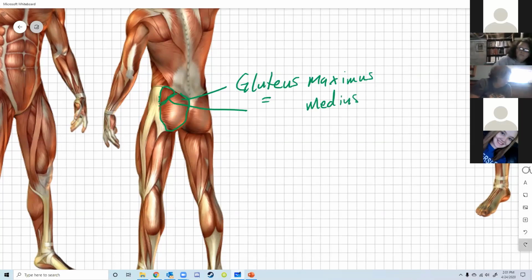We have a couple of different tricks we can do. Sometimes we'll make an imaginary cross on the butt like this, and we'll go into this upper corner. The shot can go anywhere up here, and you'll probably be safe. Sometimes they'll do one more cross, and give it somewhere right here.